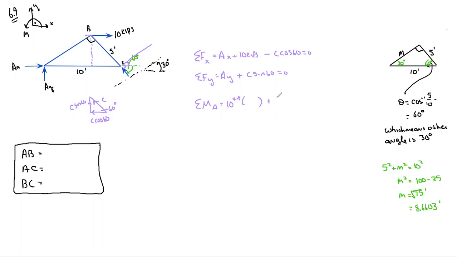So CY is C times sine 60, and the perpendicular distance between point C and point A is 10 feet. If we rotate about point A, the 10 kip force at B is clockwise, which would be negative, and the CY force at C produces a counterclockwise, which is positive. So before we can do the calculation, though, we're missing one value.